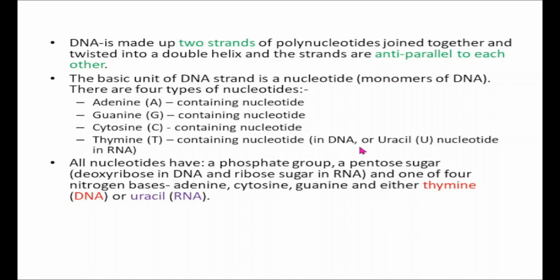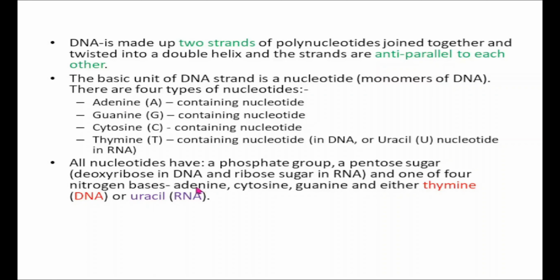In DNA, thymine; in RNA, it will be uracil. All nucleotides have a phosphate group. The 3 components in a nucleotide are a phosphate group, a pentose sugar or 5 carbon sugar, and a nitrogenous base, one nitrogenous base per nucleotide.